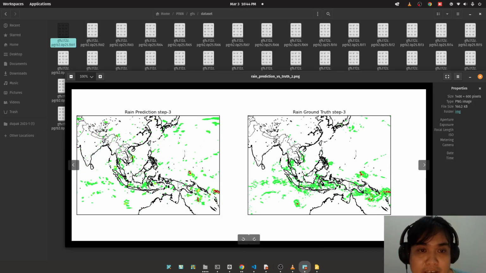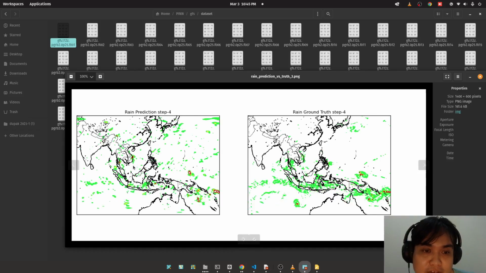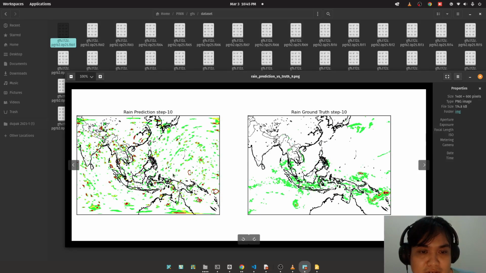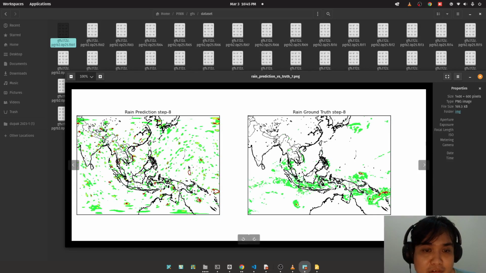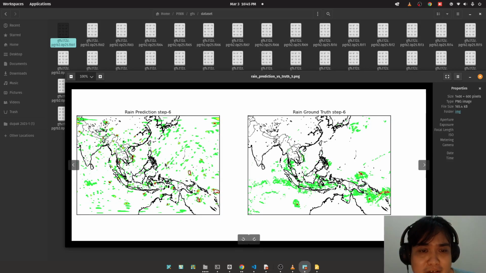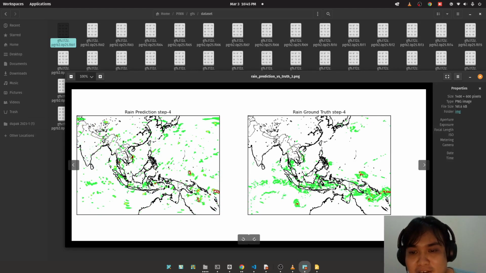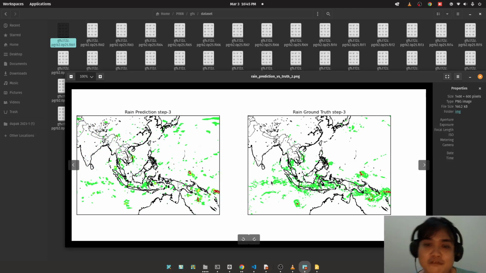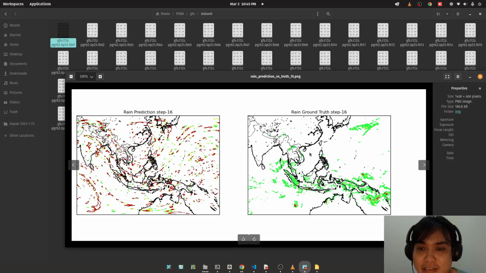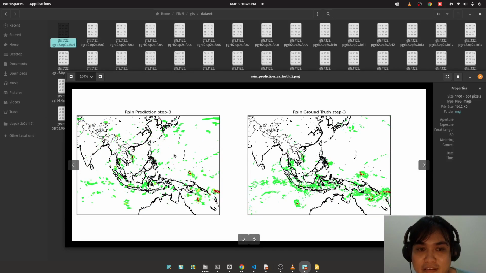But if you look at the rain prediction, the rainfall just pops out from out of nowhere right here. There's no movement like in the ground truth data.